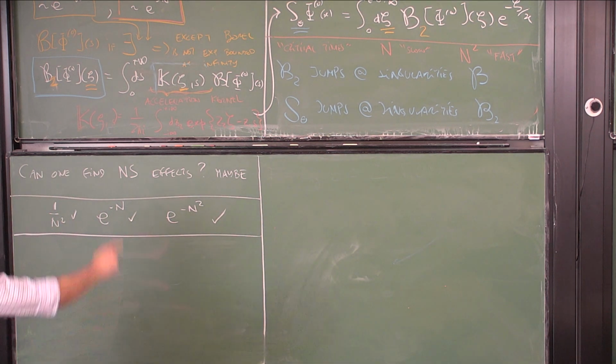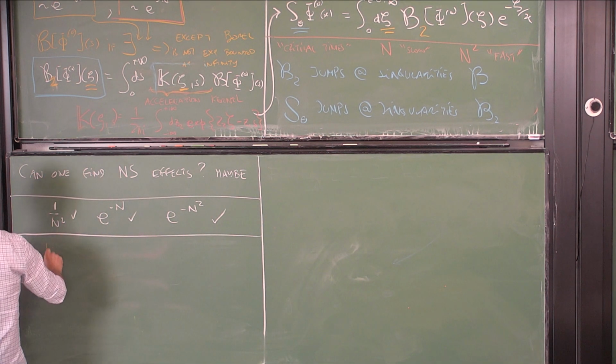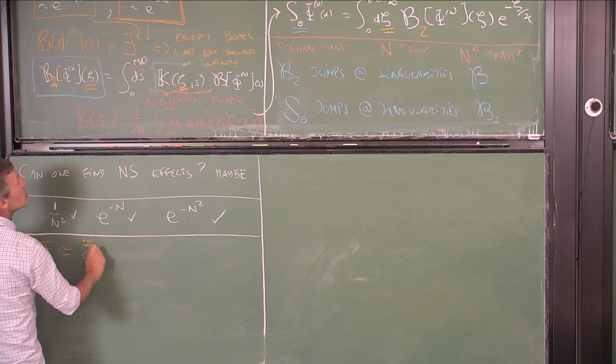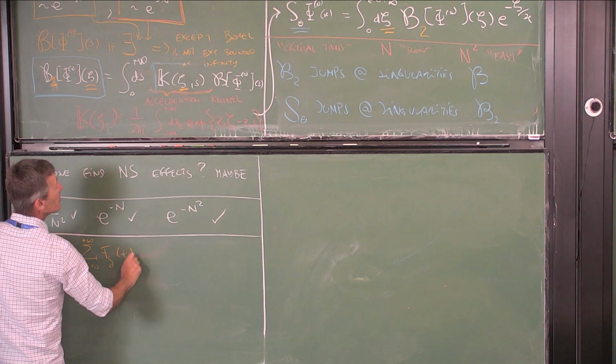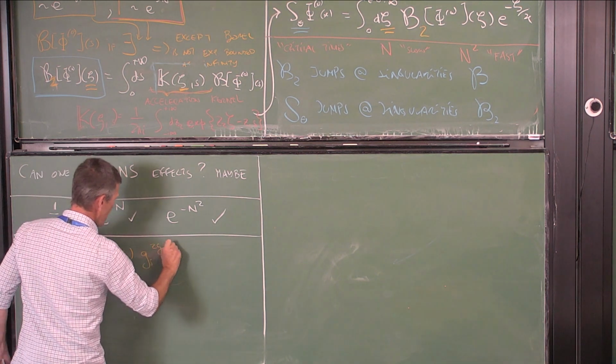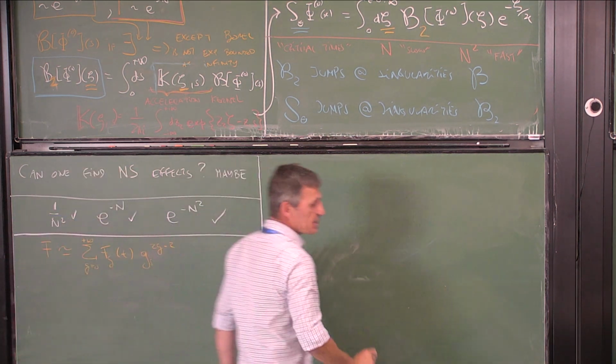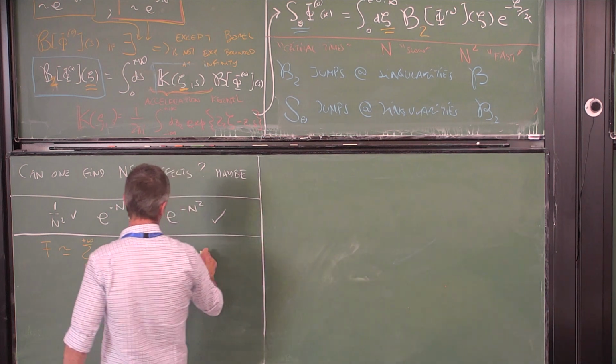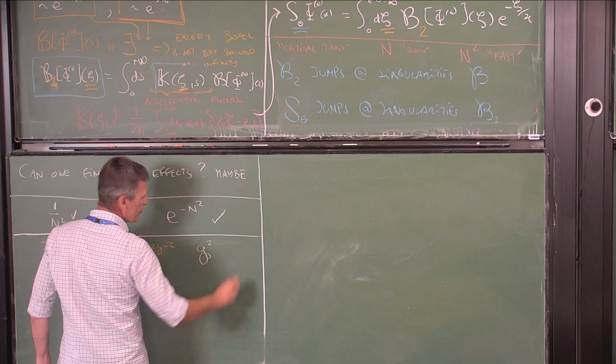In fact, the reason why I still keep that guy up there, but let me just rewrite it here so that we don't jump around blackboards all the time. This is a power series expansion in g_s squared, or if you want, in 1 over n squared.